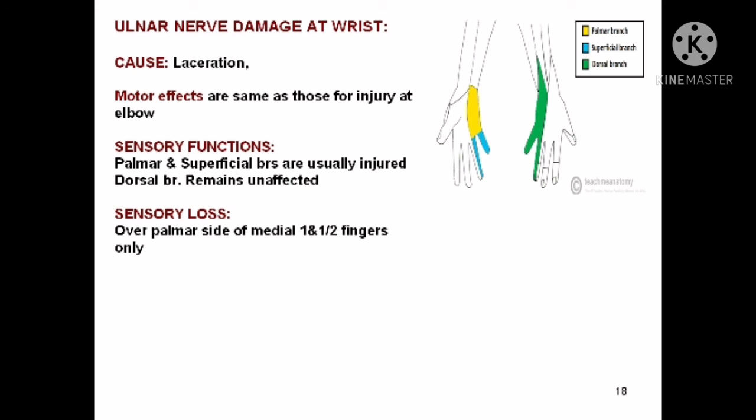Ulnar nerve damage at the wrist. The cause is laceration. The motor effects are the same as for injury at the elbow, but the FCU and FDP are spared. The palmar and superficial sensory branches are usually injured. The dorsal branch remains unaffected, and there is sensory loss over the palmar side of the 1.5 fingers.